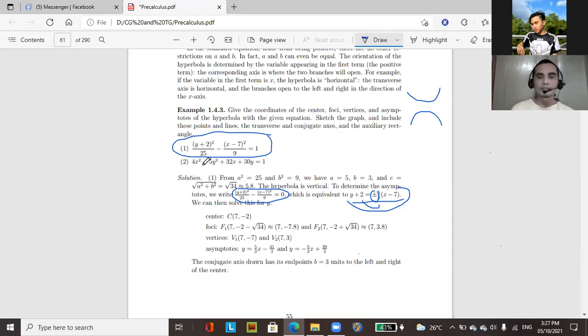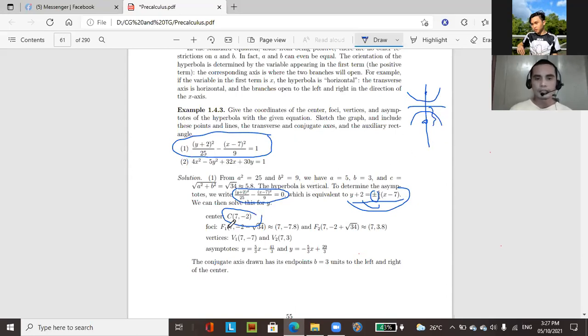Now, from the given equation, we know that our h is equal to positive 7 and our k is equal to negative 2. So that is our center. Now, the foci are above and below. So F1 is square root of 34 away from the center along the y-axis.